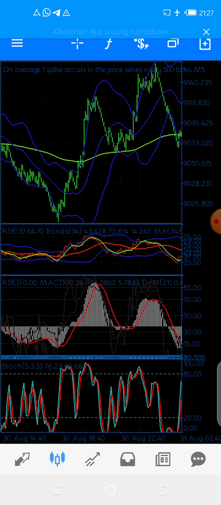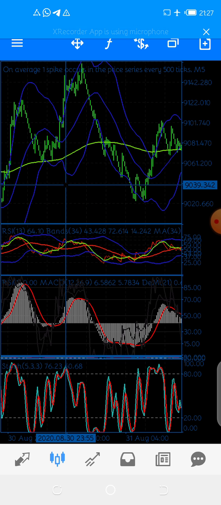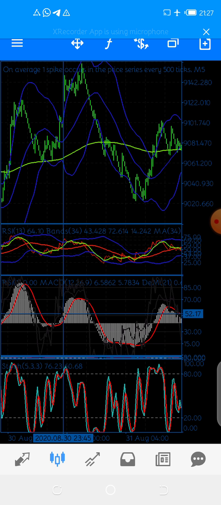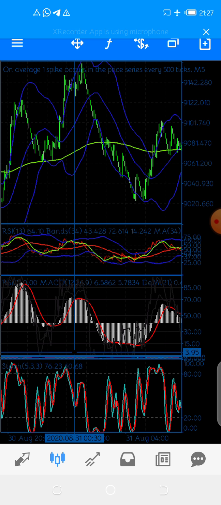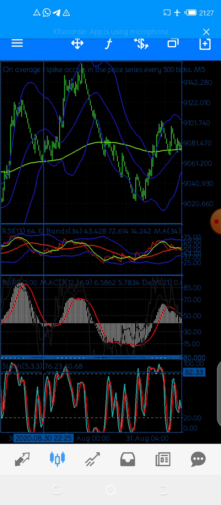But in a ranging market like around this, where it's neither up nor down, you could have gotten this because we were above 200 and our MACD was not like buyers, not like sellers. Unfortunately, the stochastic didn't give us a good opportunity to enter.